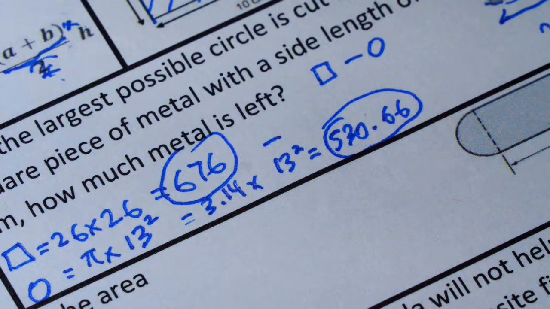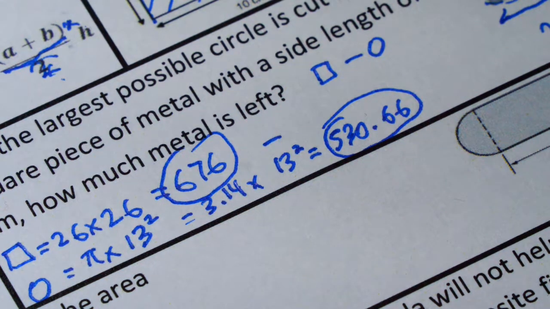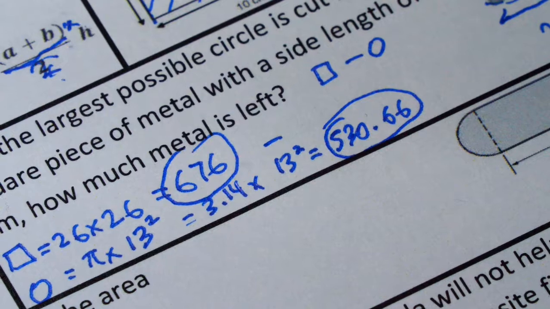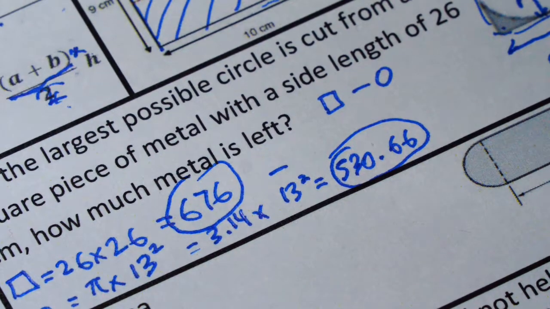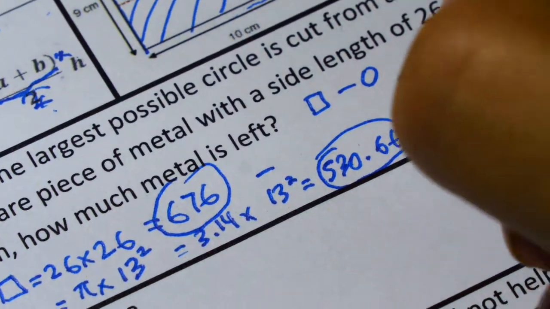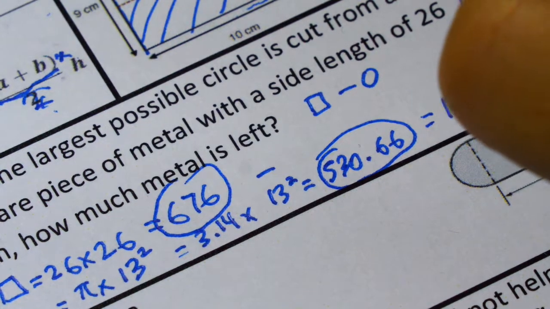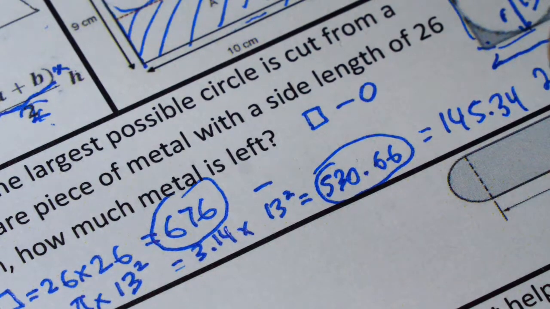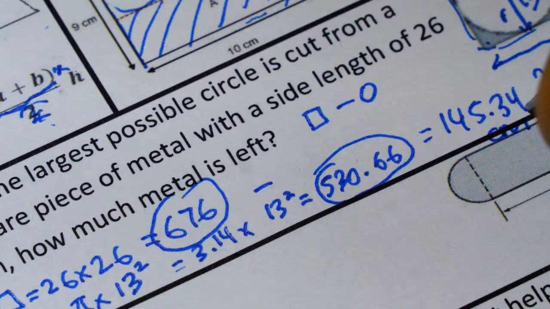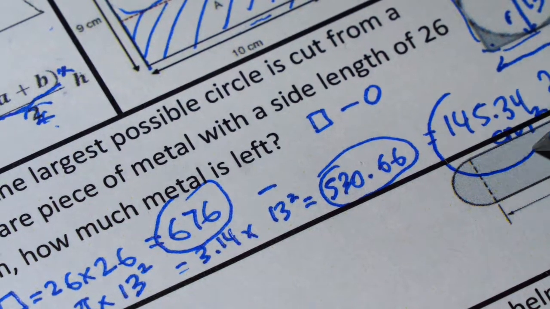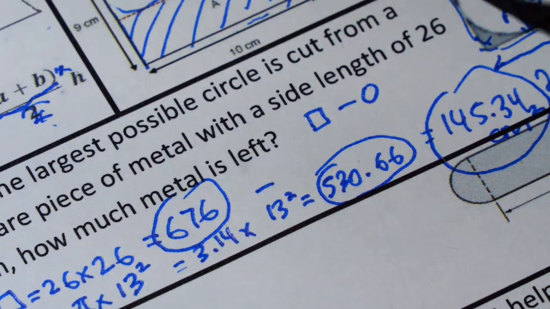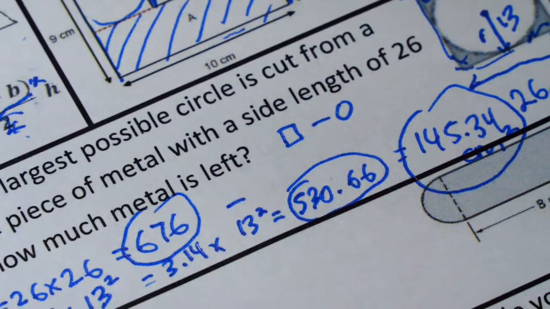Okay, 676 minus 530.66 equals 145.34 centimeters squared. That's how much of the metal is left. Okay.